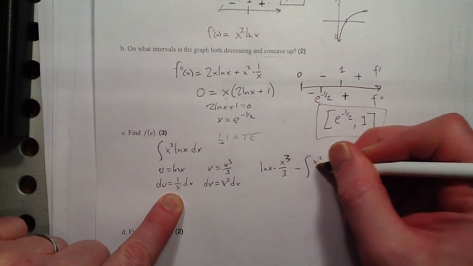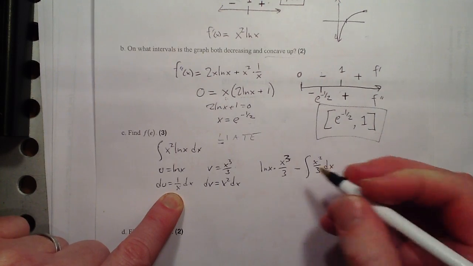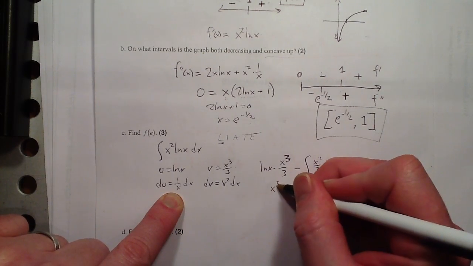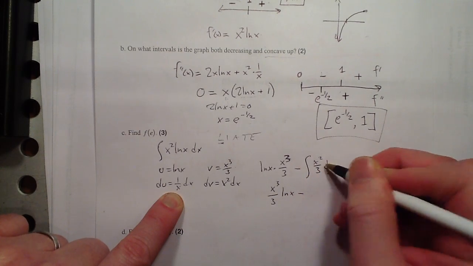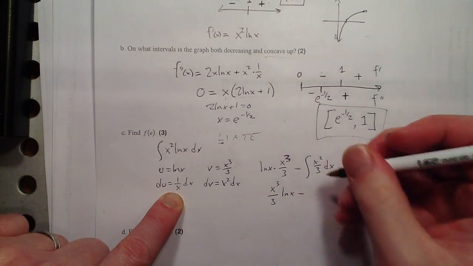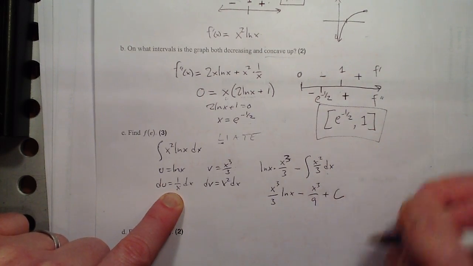That's where the x squared over 3 is. And the antiderivative of that is x cubed over 9 plus c.